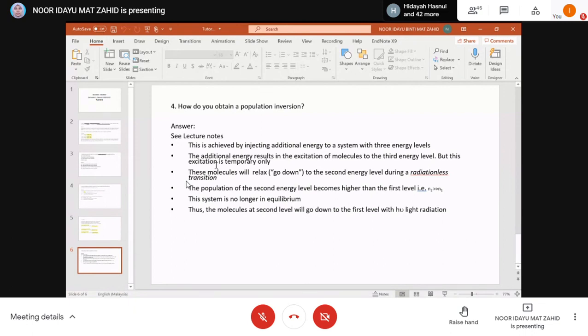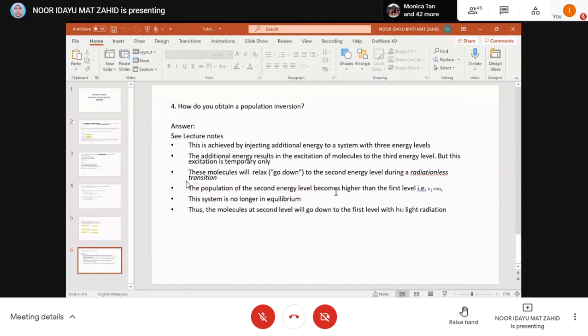When you have the third energy level, the additional energy will result in the excitation of molecules to the third energy level. You can refer to the diagram in the lecture note. But this excitation is only temporary, because eventually the molecules will go down to the second energy level through a radiationless transition, and the population of the second energy level will hence become higher than the first level, right?